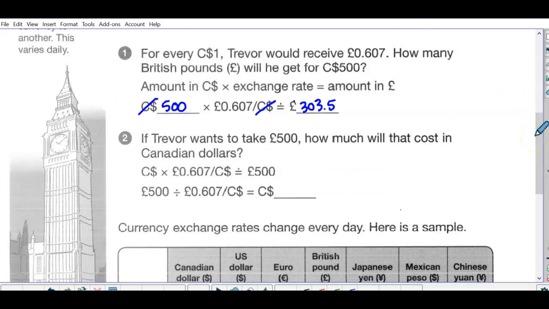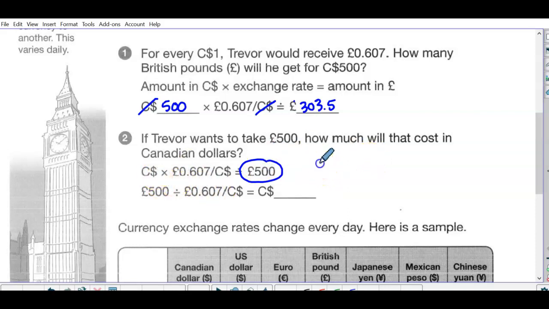If Trevor wants to take 500 British pounds, how much will that cost in Canadian dollars? So remember that what we did up here was we took the Canadian dollars, we multiplied by the exchange rate to get the British pounds. Now we know that he wants to have 500 British pounds, so we need to work backwards.